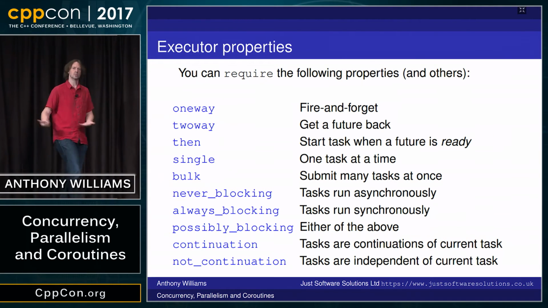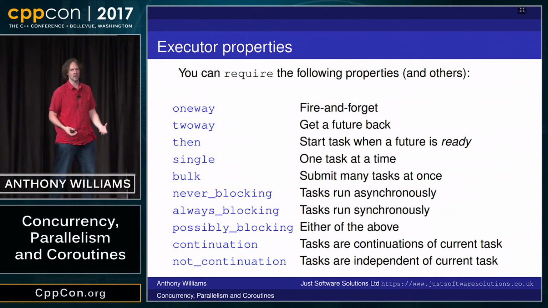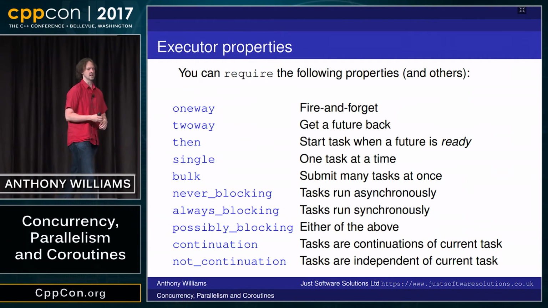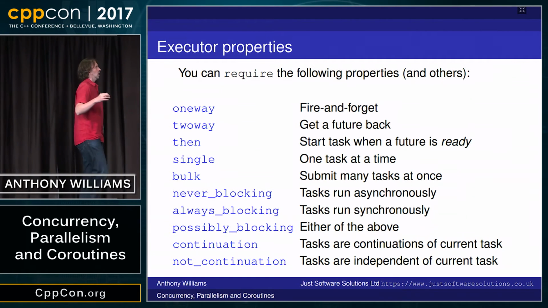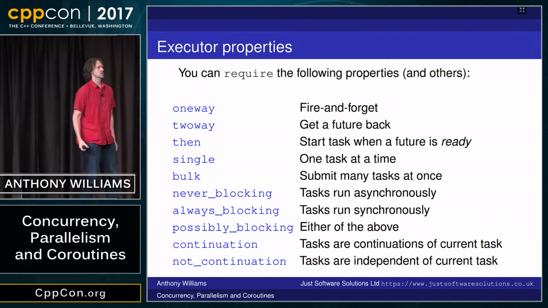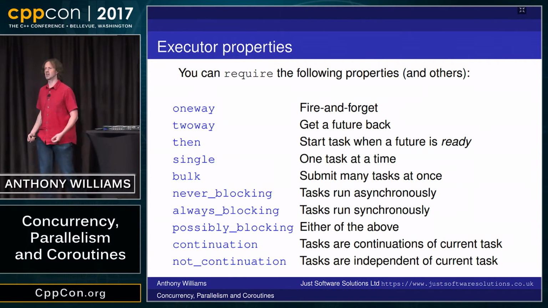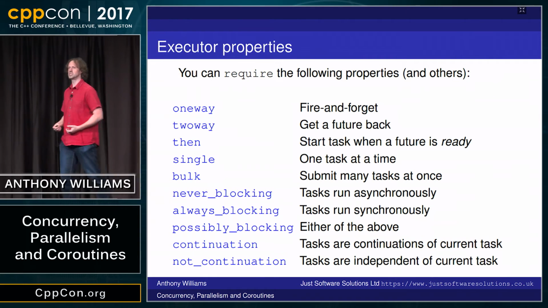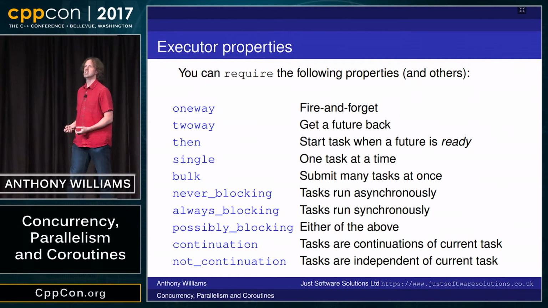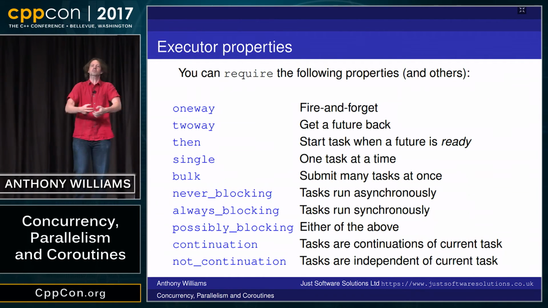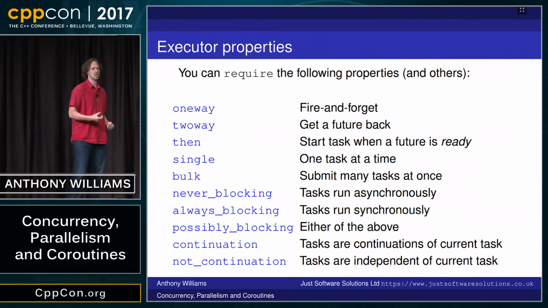So this works with the continuations from the concurrency TS. I only want to pass in one function at a time. Or I want to pass in a whole bunch of functions at a time in order to bulk execute things, because then you don't have the overhead of filling up your task queue one at a time.